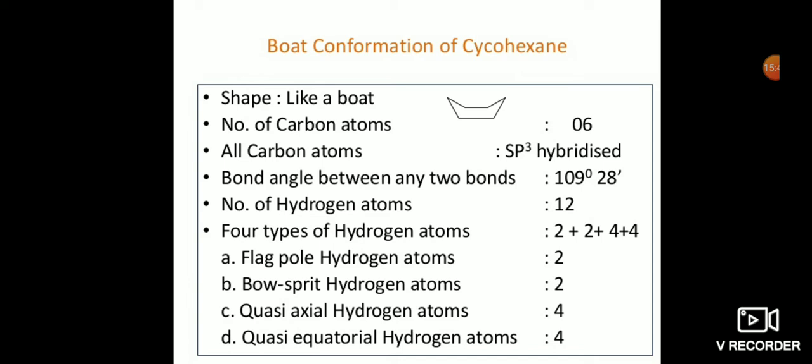Partial, quasi means partial axial hydrogen bonds, partial equatorial hydrogen atoms. So this way flagpole hydrogen atoms are 2, bowsprit hydrogen atoms are 2, quasi-axial hydrogen atoms are 4, and quasi-equatorial hydrogen atoms are 4. So this way we have mainly 4 types of hydrogen atoms.